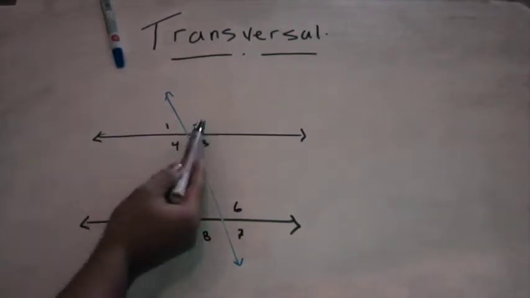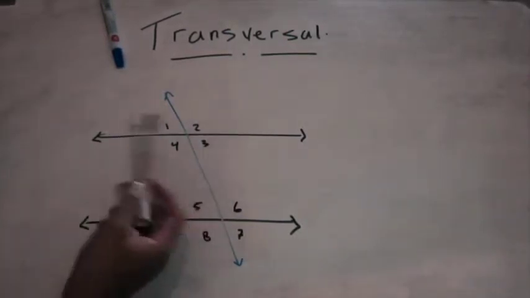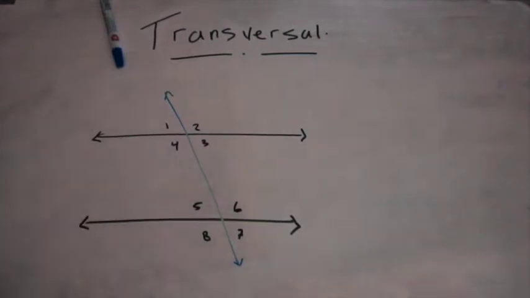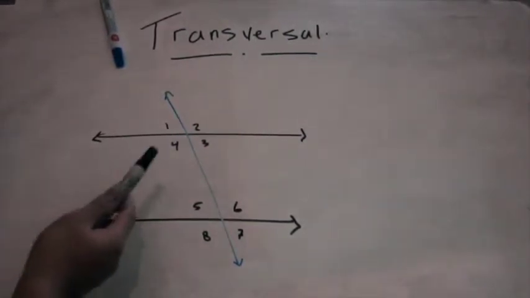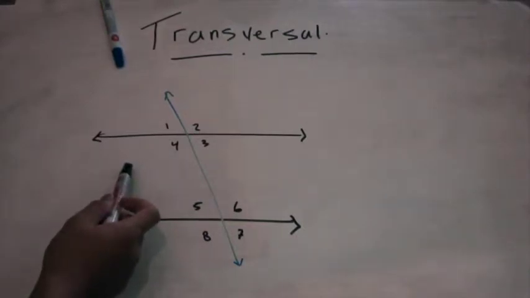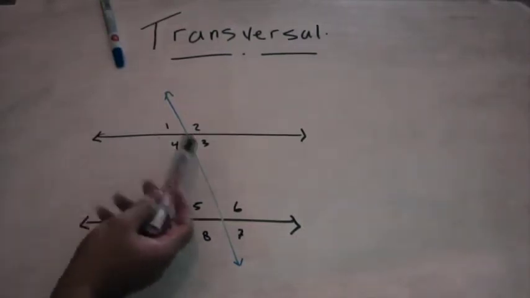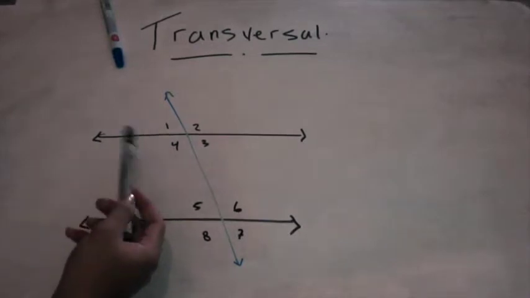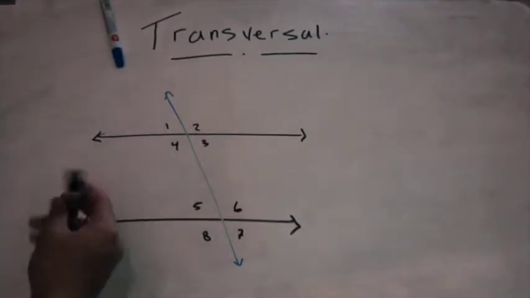You can see it makes different angles, and they've been numbered from 1 through 8. So there's some terminology that we should know before we get really deep into transversals.